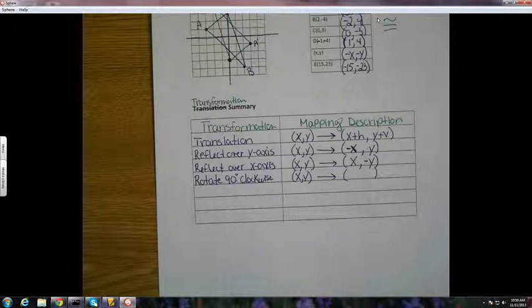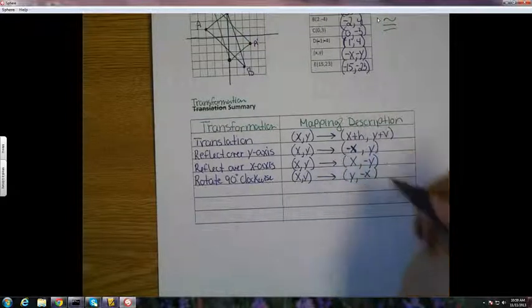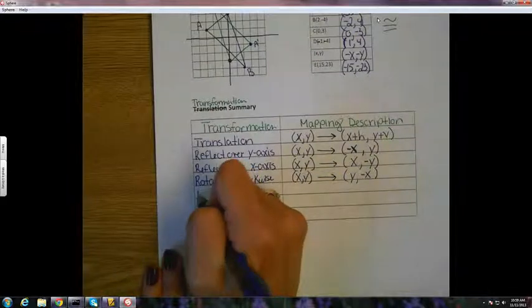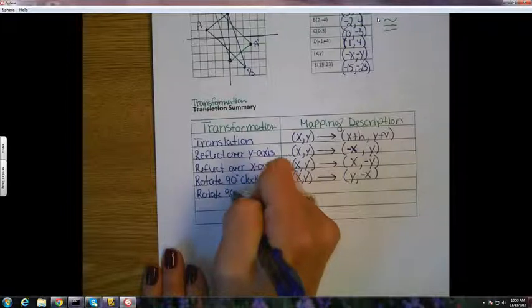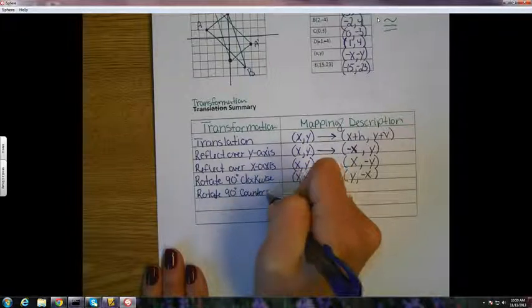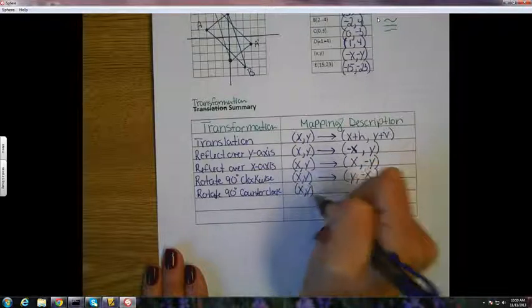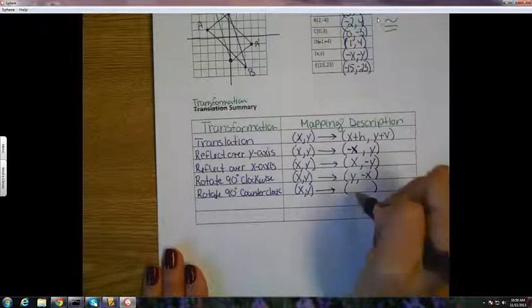So on the 90 degrees clockwise, we switched x and y, and the x went to its opposite. Rotate 90 degrees counterclockwise. Again, the x and y switched, but the y went to its opposite.